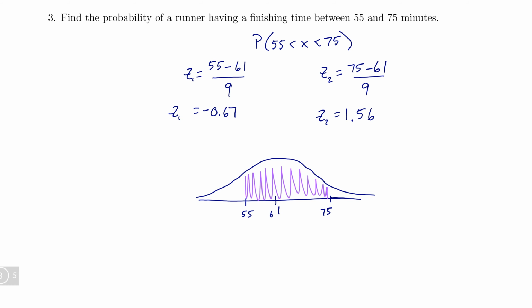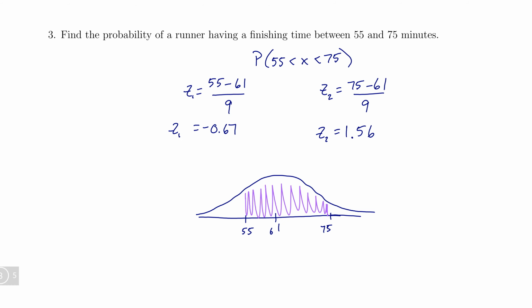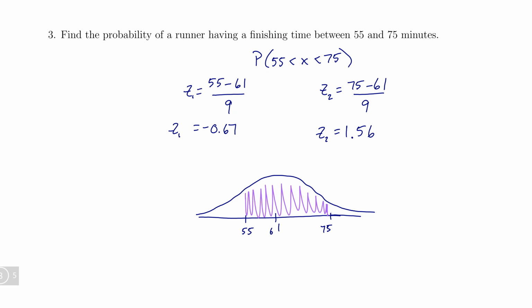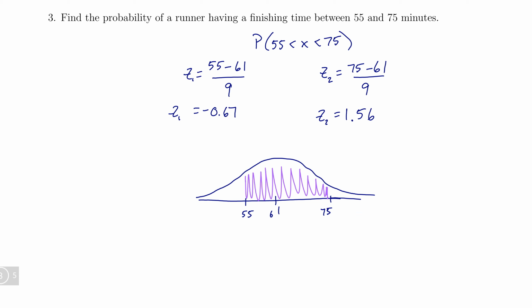We know that the table will only give us areas to the left of each score. If we look up 1.56, we will see that the area to the left of 1.56 is 0.9406. In this diagram, 0.9406 is this whole shaded area in red.